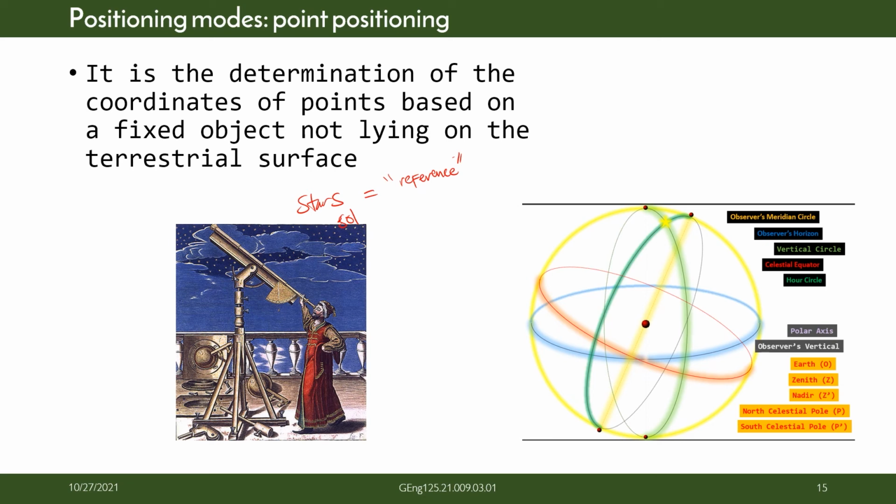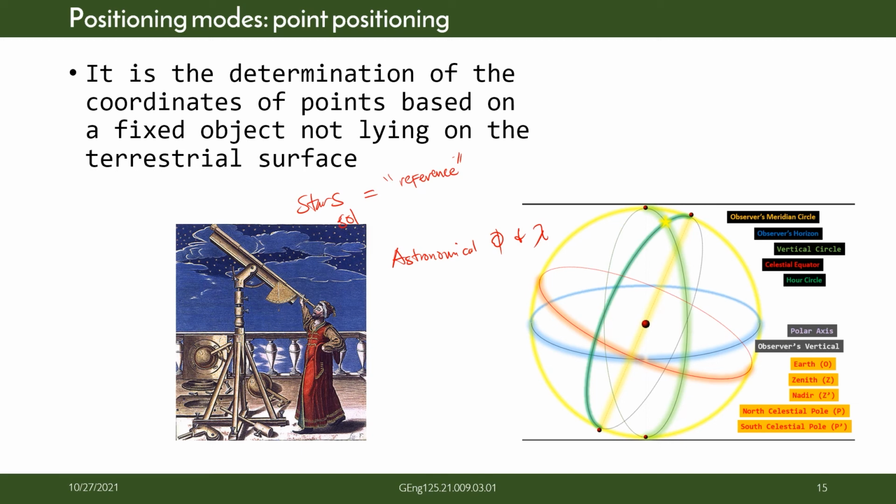From that, we can determine our position such as the astronomical latitude and longitude. Once we have already defined this, then you have your position. That is with respect to the stars, or the astronomical sense. So this is before.